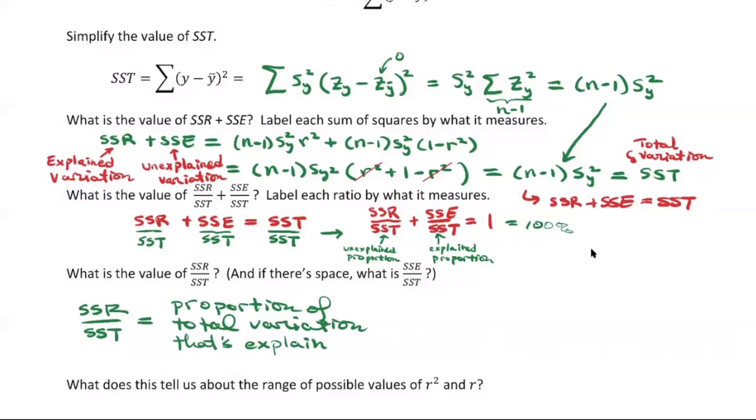I should say total variation in Y that's explained by X.